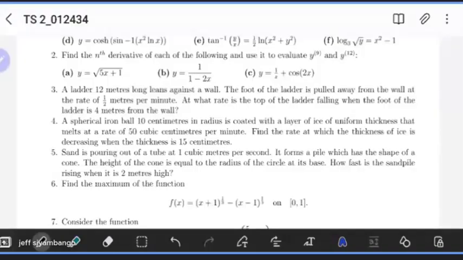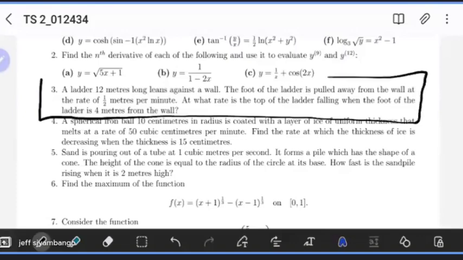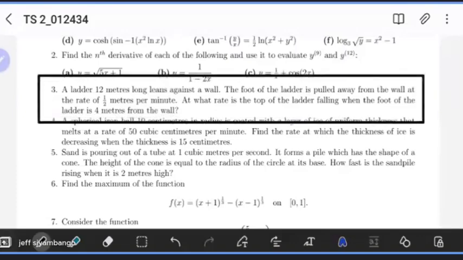Consider the third question here. What are they asking us to do? Here we have a ladder that is 12 meters long, and this ladder leans against the wall. The foot of the ladder is pulled away from the wall at the rate of half a meter per minute.